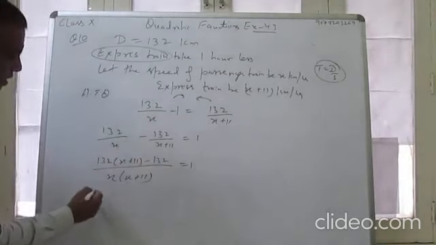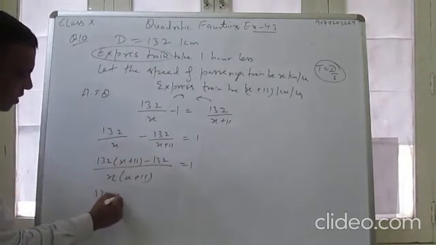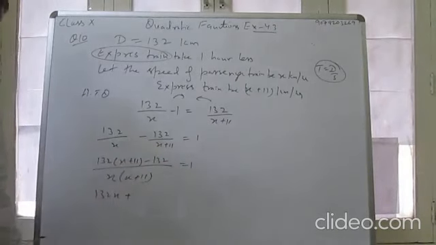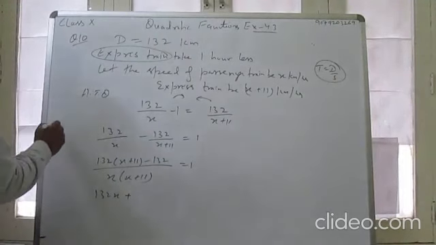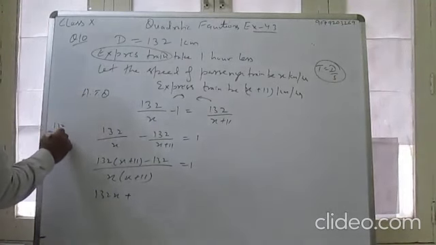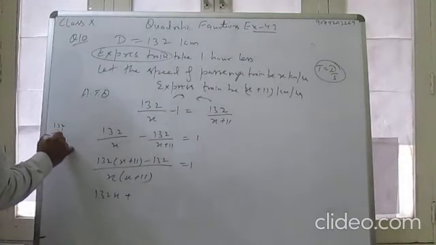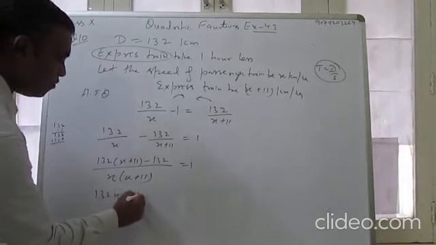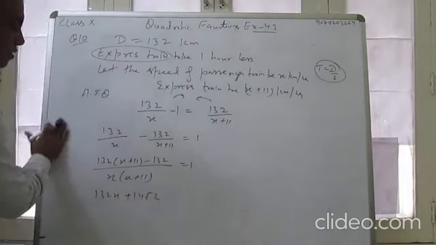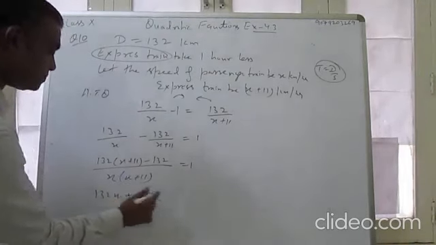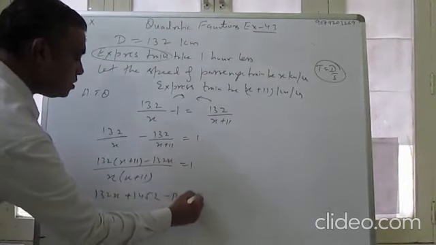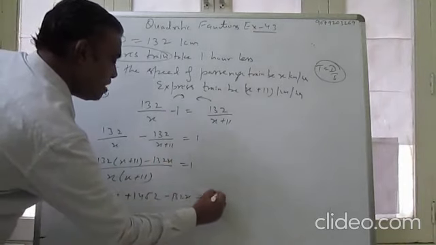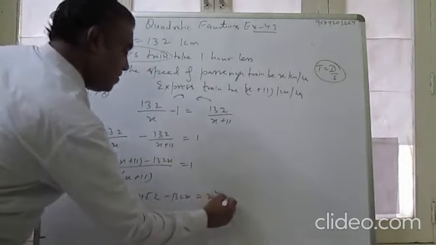Cross multiply, you will get 132x plus 132 into 11. If you multiply 132 into 11, you will get 1452, minus 132x is equal to x square plus 11x.